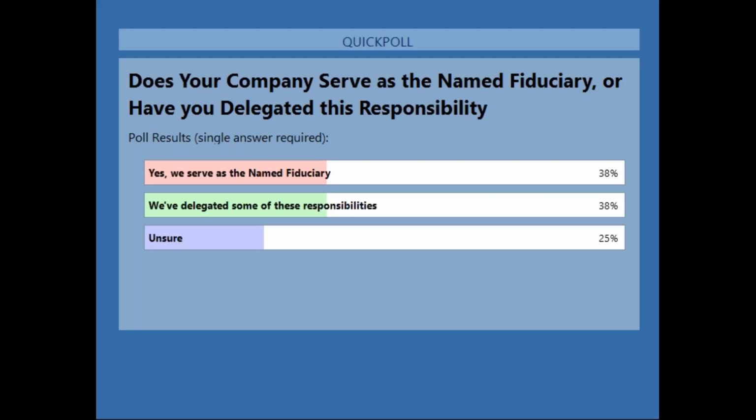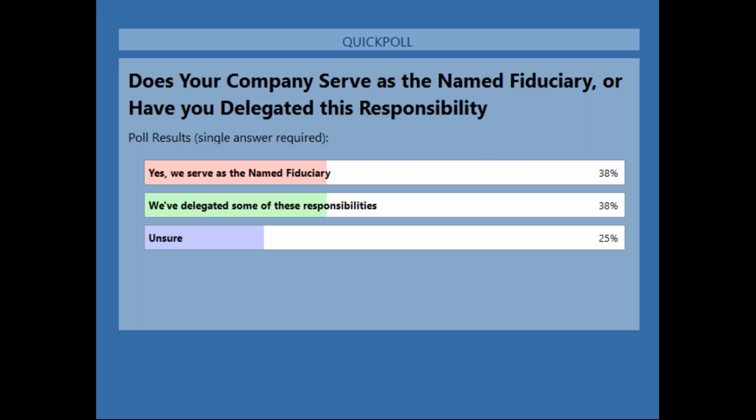So this is pretty evenly split between those who serve as a named fiduciary under the plan, and those who don't, where they've delegated someone else. The big number here is the third one, where about 25% of the respondents are unsure.